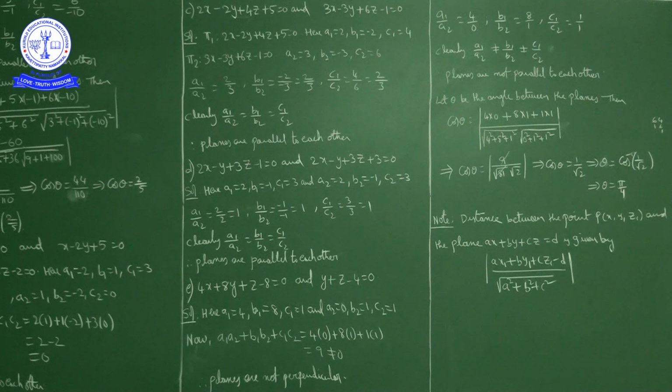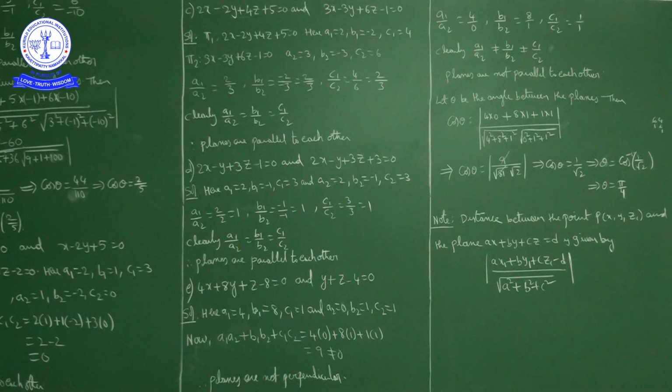Now if you calculate a1 by a2, b1 by b2 and c1 by c2: a1 by a2 is 2 by 2, that is 1. b1 by b2, minus 1 by minus 1, is 1. c1 by c2, 3 by 3, is 1. So a1 by a2 is equal to b1 by b2 is equal to c1 by c2. So the given two planes are parallel to each other.